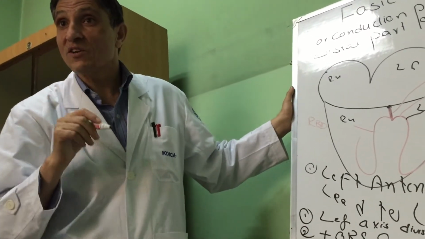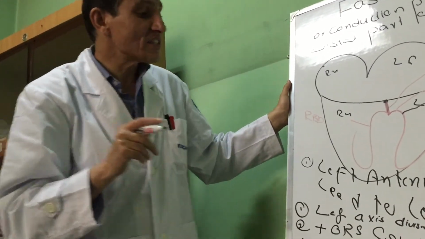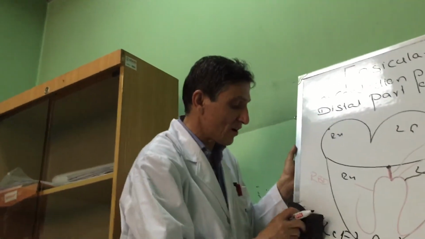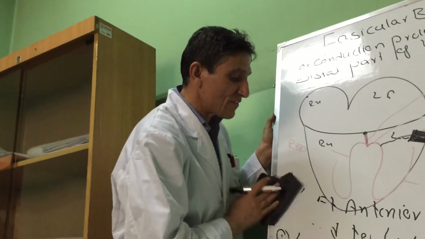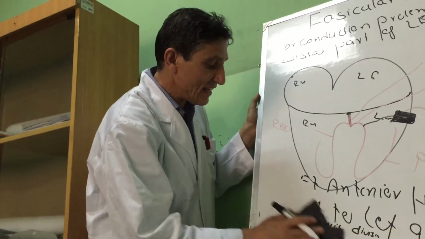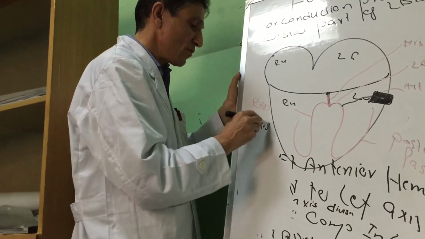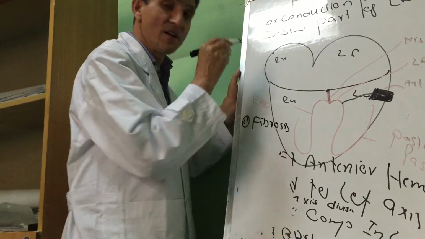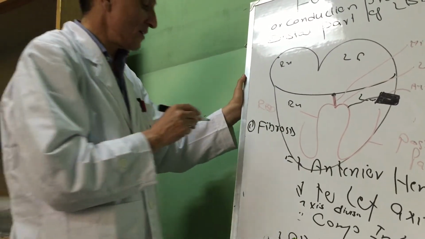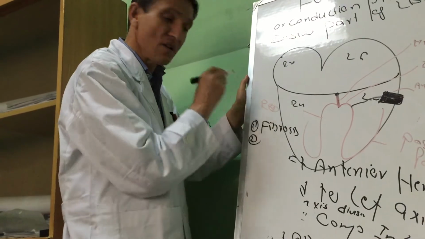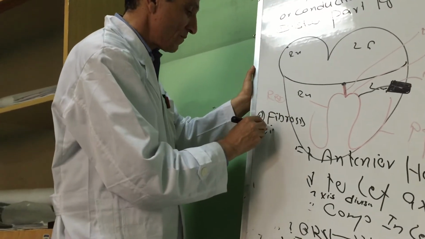Left anterior fascicular block. Causes of left anterior fascicular block. The most common causes of left anterior fascicular block are number 1, fibrosis, and number 2, infarction.